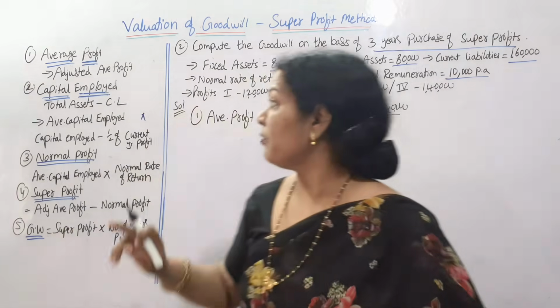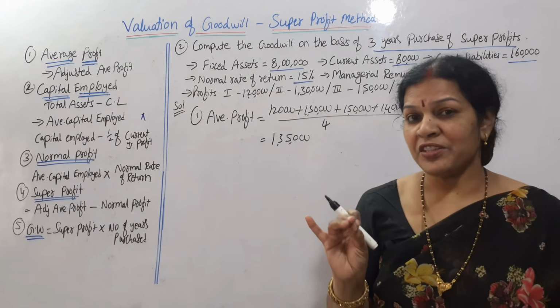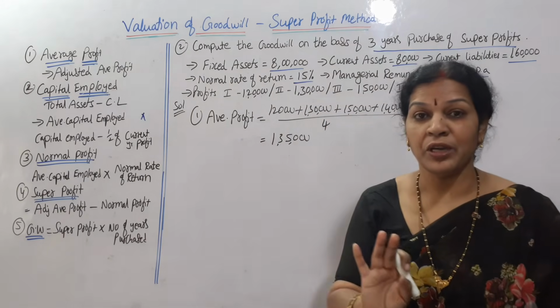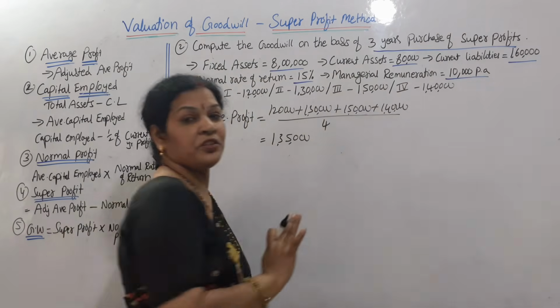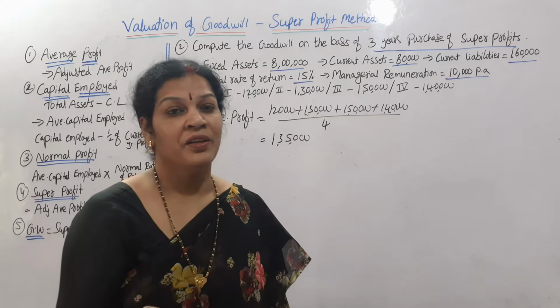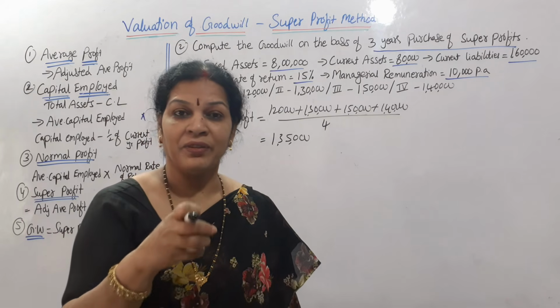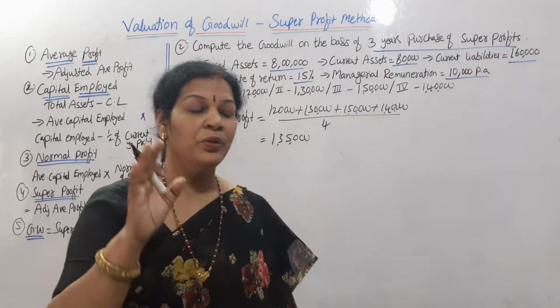This is average profit. Now adjusted average profit. For adjusted average profit, do we have any adjustments in this problem? You have to check it. Yes, here you can find managerial remuneration of 10,000 we are paying. When we are paying 10,000 per annum, the profit value is decreasing. That is why we are going to deduct it.